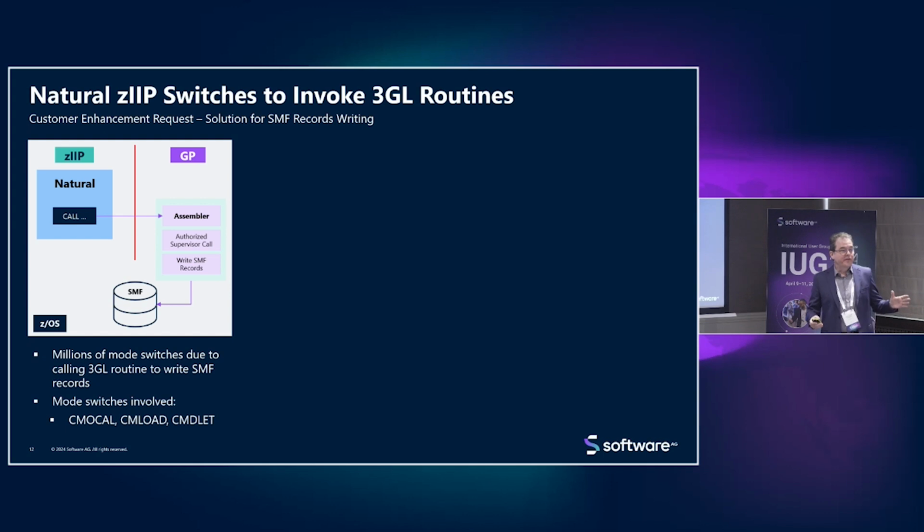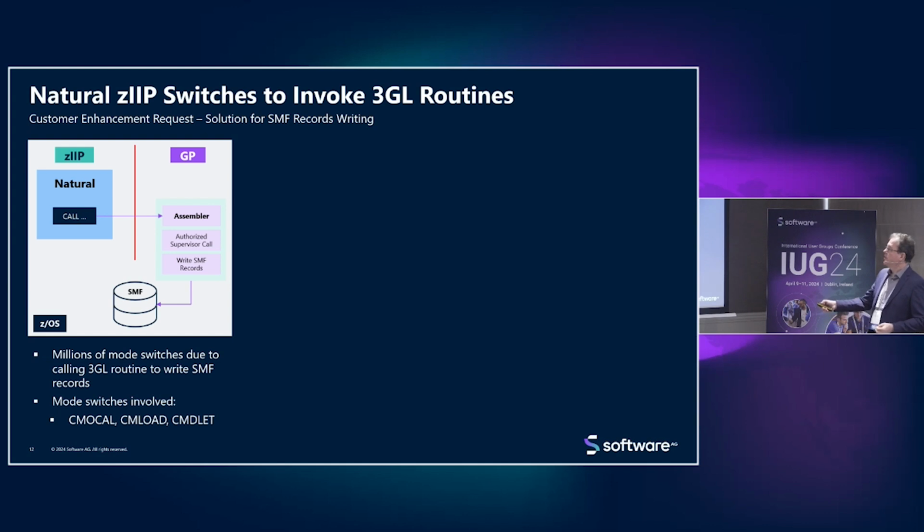But life is not perfect, and we also contact customers, and customers contact us, zIIP customers, and whenever there are potential areas for improvement, we are happy to hear that. And this came to the Natural product management team, Ellie is here, based on a demand from a customer, through AHA, I believe.